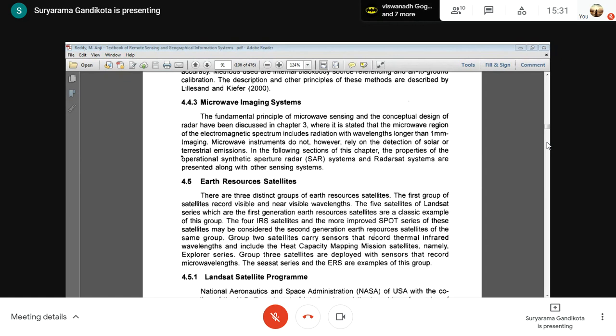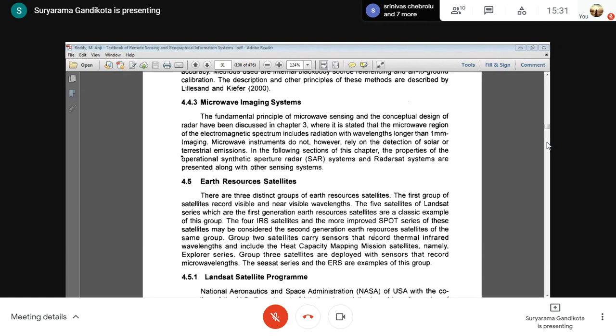In the following sections of this chapter, the properties of the operational synthetic aperture radar systems and RADARSAT systems are presented, along with other sensing systems. This is about microwave imaging systems.